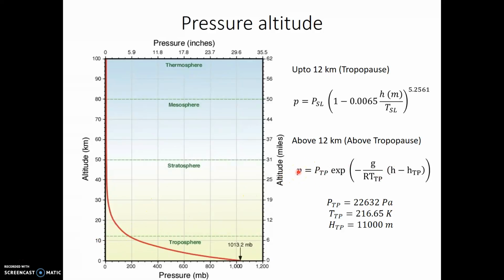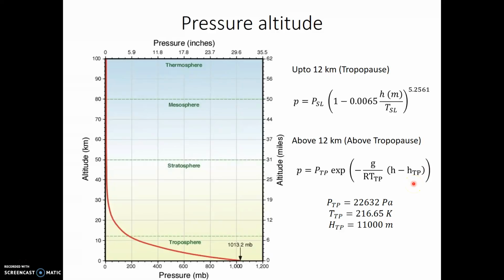So P above, if you want to find pressure above the tropopause, then you multiply the pressure at the tropopause, which is around 22,632 pascal, times the exponent of minus g, the gravitational constant, 9.81 meters per second squared, and R is a gas constant, around 287 joules per kilogram Kelvin, over the temperature at the tropopause, around 216.65 Kelvin, times the height you're interested in minus the height of the tropopause, which is around 11 kilometers.